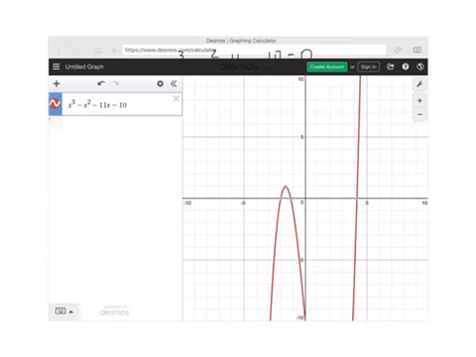Alright, so looking at the graph of this, now you'll be graphing this on your TI-84s. That doesn't work quite as well for making these videos, so looking at this I can see that I again have negative 2 as a solution, so x plus 2 is going to be one of the factors. And my other two are some kind of gross looking decimal numbers.